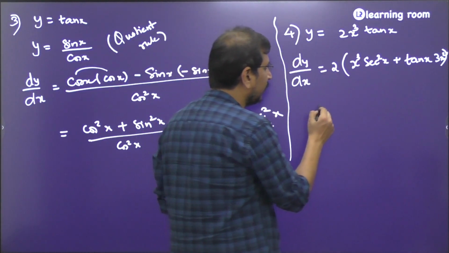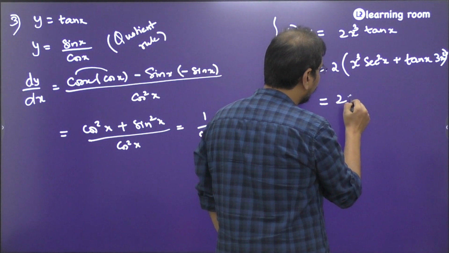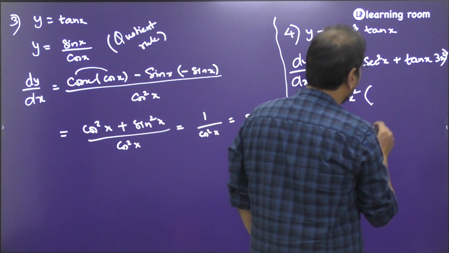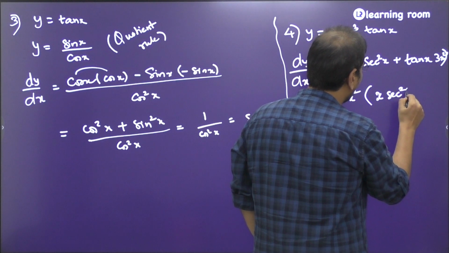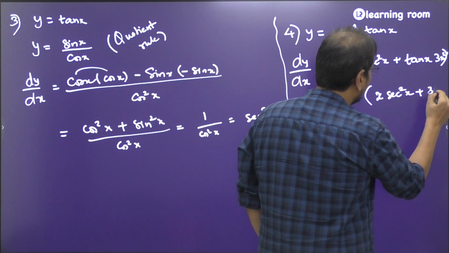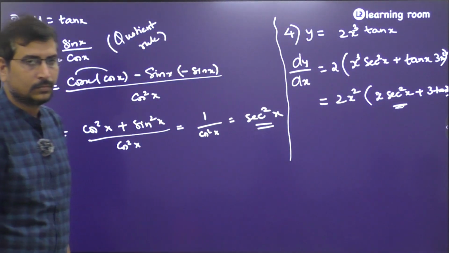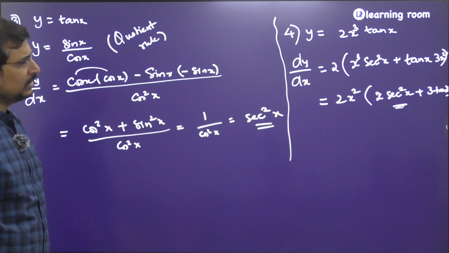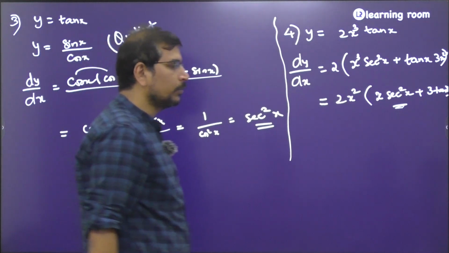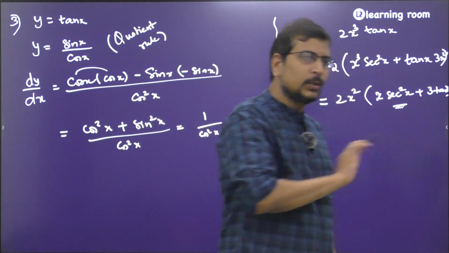So the answer is going to be, if I take the x square outside, 2x square into x secant square x plus 3 tan x. That's it. That's fine. See, I'm not saying this is how you need to write. Without brackets, you can write also, it is correct.